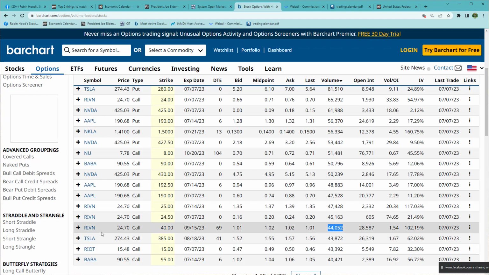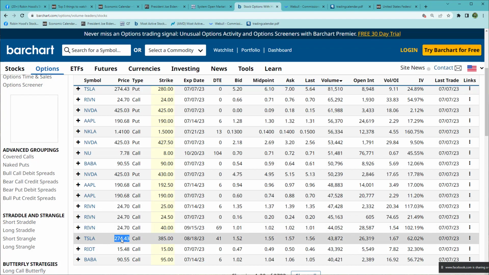So look at this, you guys. Tesla, which again is currently $264. We have a $385 call strike price that expires this August 18th, approximately 41 days from now. 26,000 open interest. We have just under 44,000 in brand new fresh volume, which these two are going to merge tomorrow.